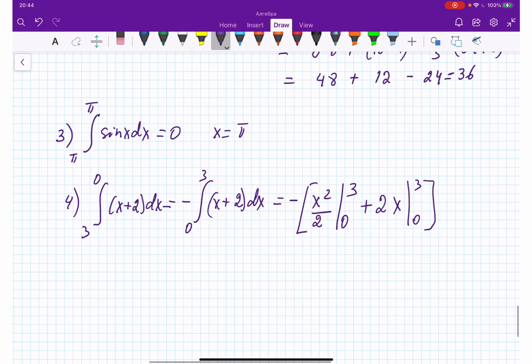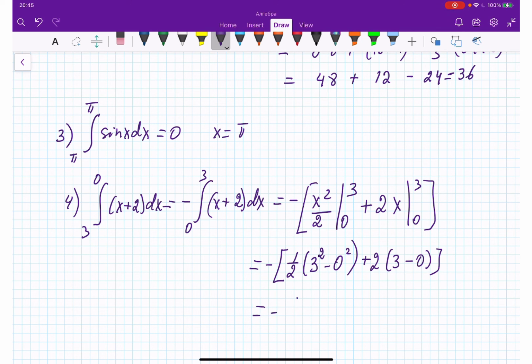So this is going to be equal to negative, let me put 1/2 here in front, 3 to the power 2 minus 0 to the power 2. Right now, since we just started, I'm going slow, so you can get used to it. Plus 2 times 3 to the power 1, okay, there's no power, and minus 0. So what do we get?